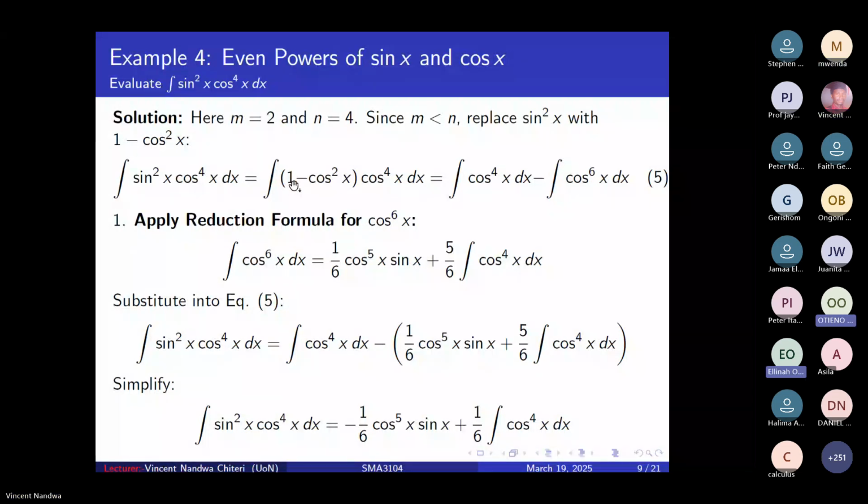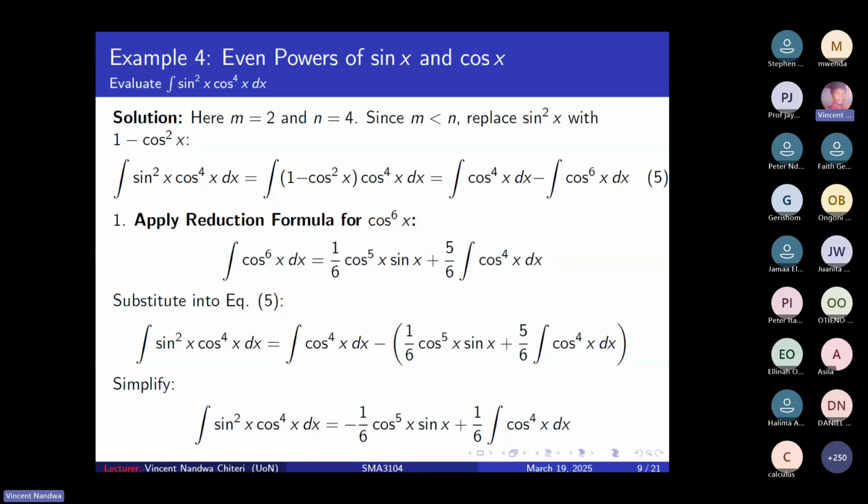Yes, we need to replace sine squared x with 1 minus cos 2x over 2? No. So remember, there are two ways of expressing sine squared. You can either express it in terms of the cos squared function, or you can express it in terms of cos 2x.